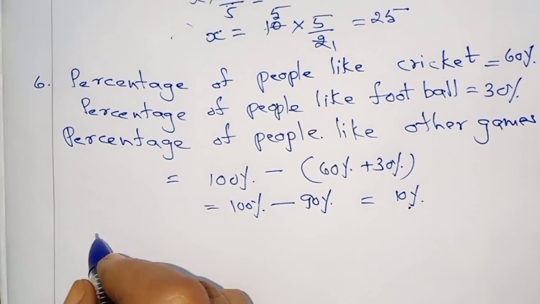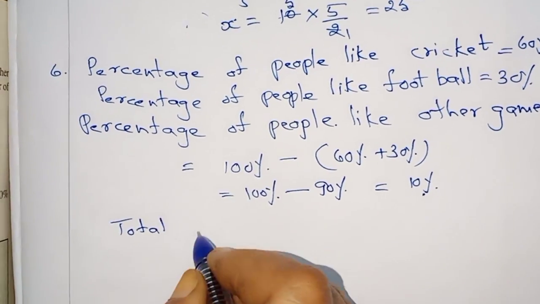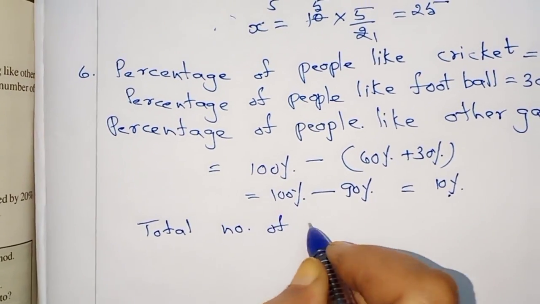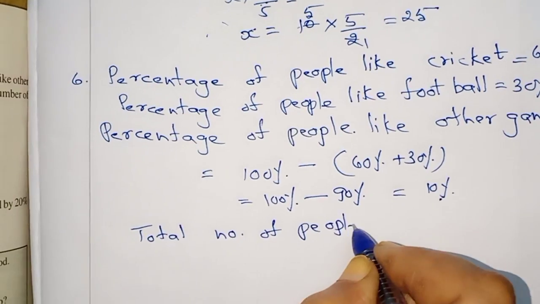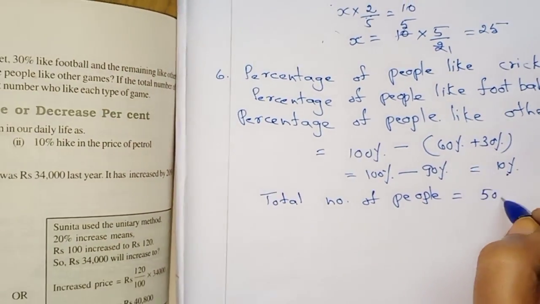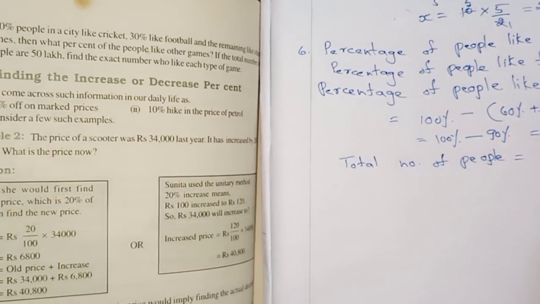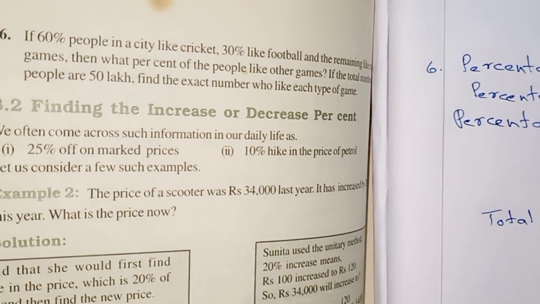Now what is the total number of people? Total number of people is equal to 50 lakh. So in this 50 lakhs, how many people like cricket?